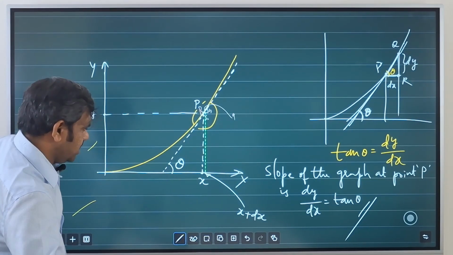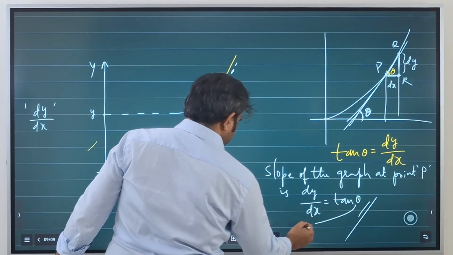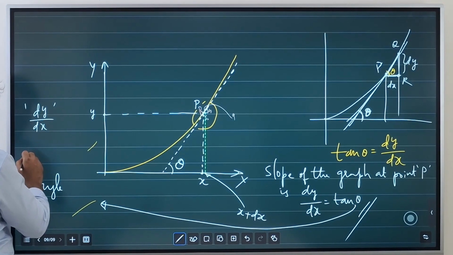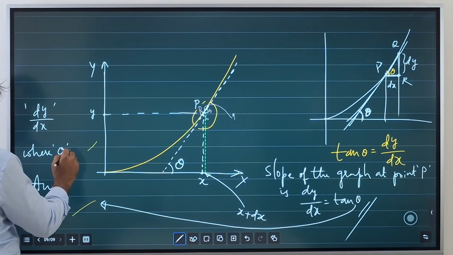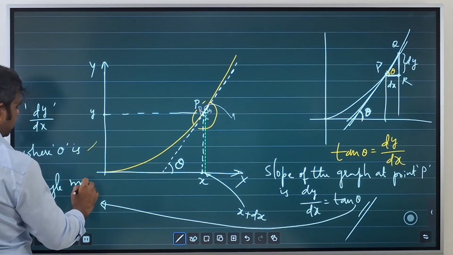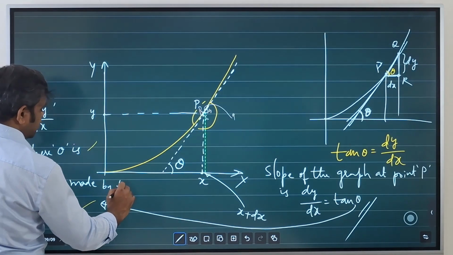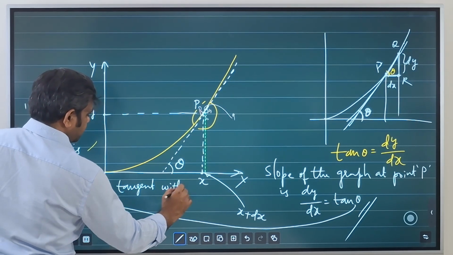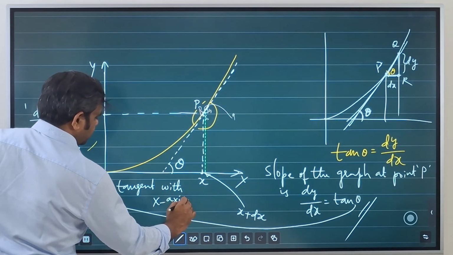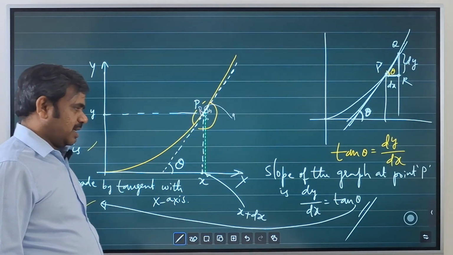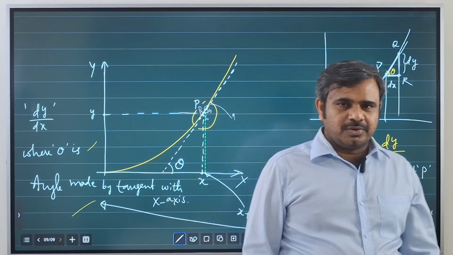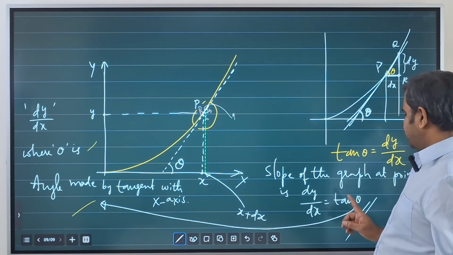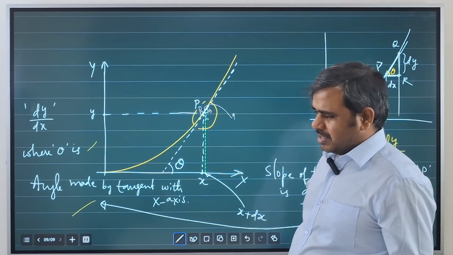And what is theta here? Theta is the angle made by the tangent drawn at P with the x-axis. So the slope of the graph at a given point is always equal to tan theta.